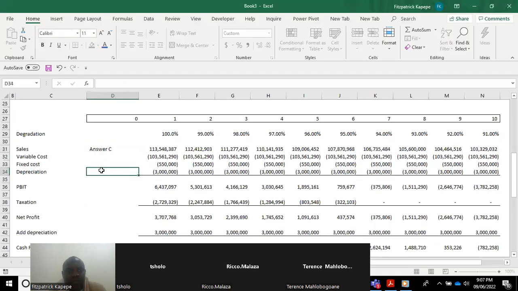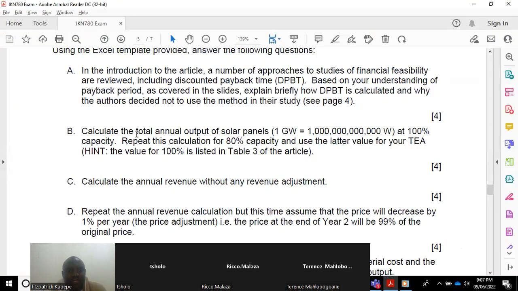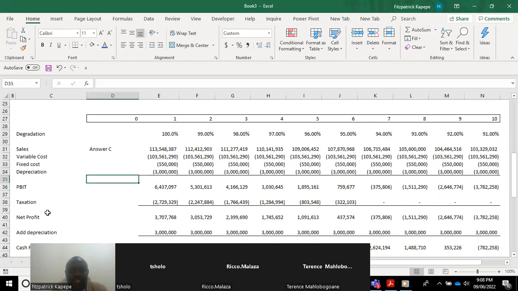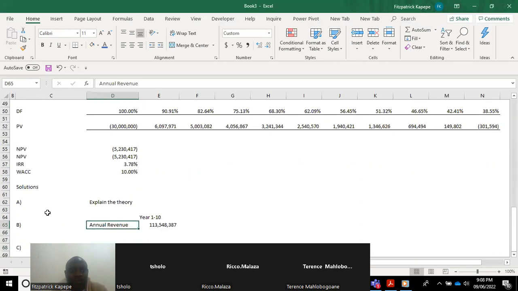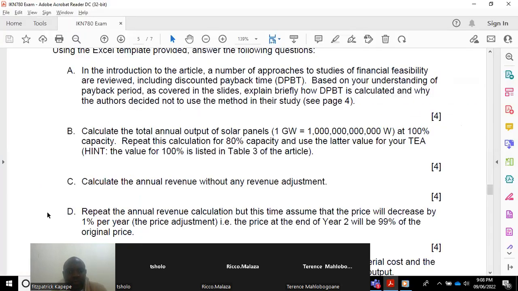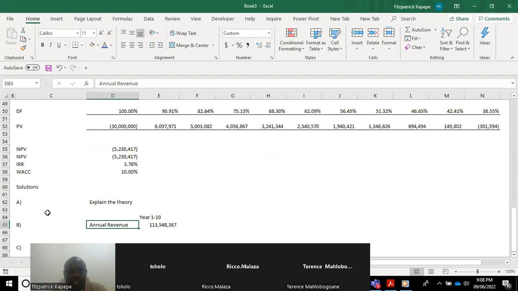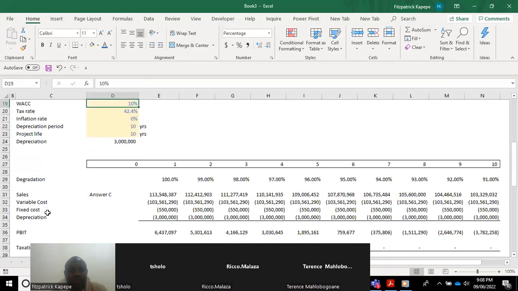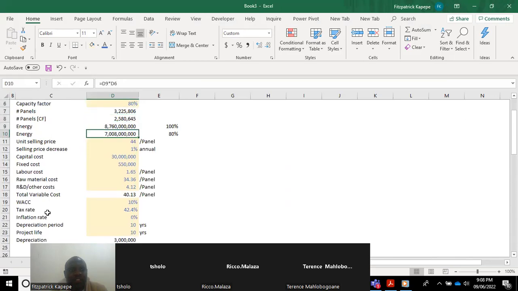So if you are here, say on B, the output here wasn't the revenue. The output, in short, would be the energy levels at 100% and at 80%.